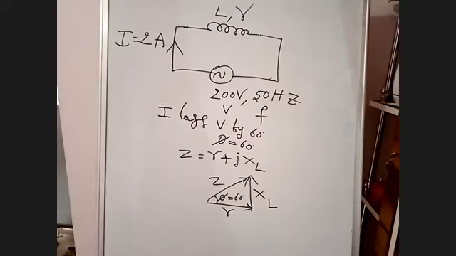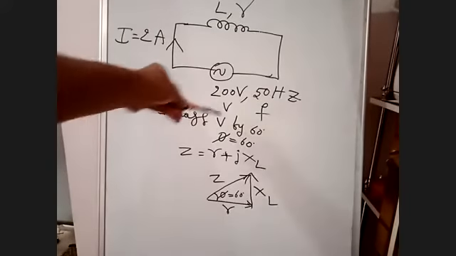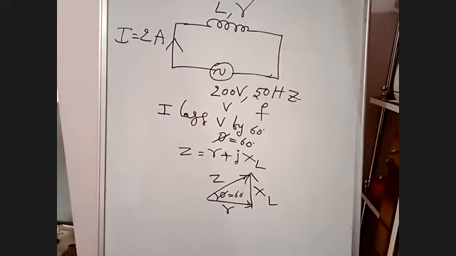First, what will you determine? See here, in the circuit, whatever voltage and current they are giving, these are RMS values. Write a note: V and I are the RMS values given in the problem.